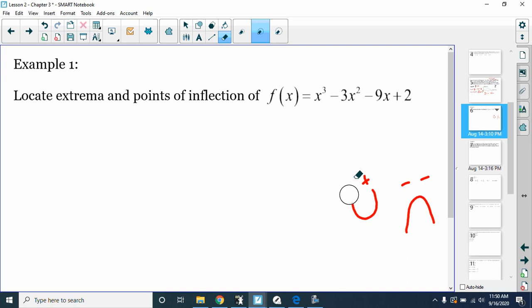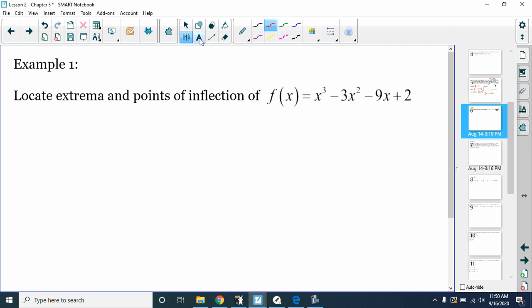So example 1 is kind of just a review of how to find extrema as well as points of inflection. It gives us this f of x. Extrema always occur when the first derivative is equal to 0.